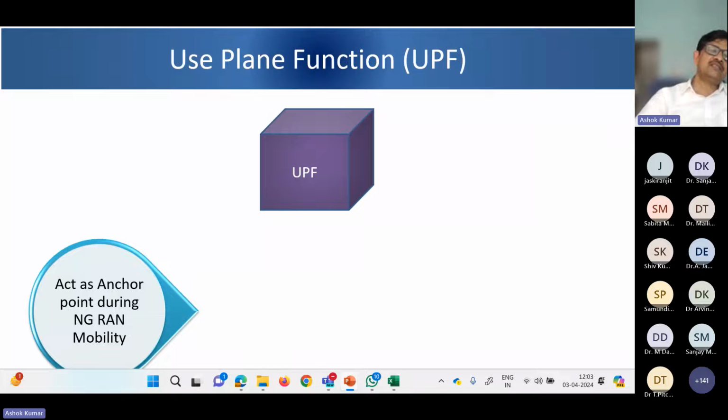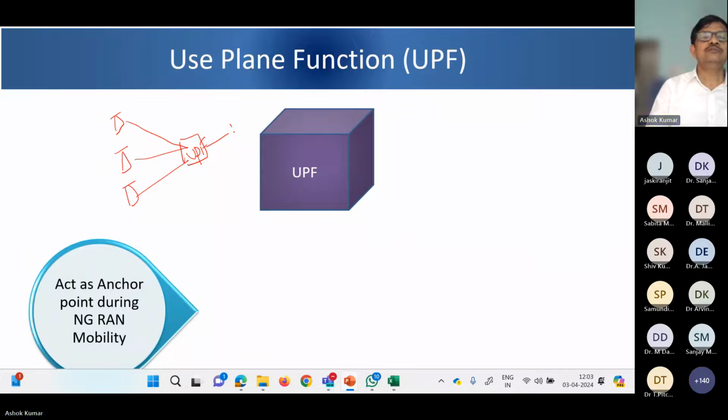So the first is the UPF plays a role as an anchor point during the NG RAN mobility. What I'm trying to say here is, suppose there are multiple gNodeBs in the network and they are connected to UPF in that region. And then this UPF gets connected to any data network or multiple data networks.